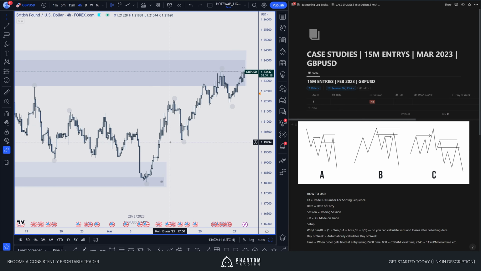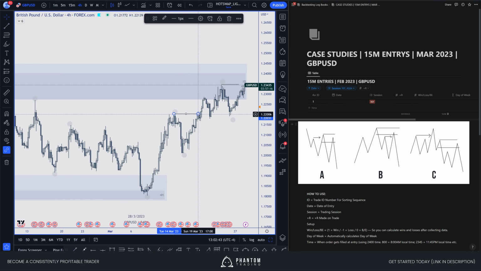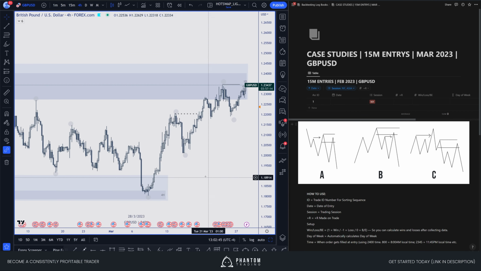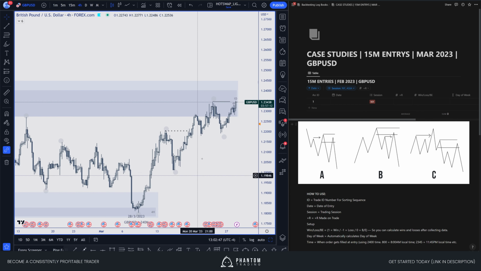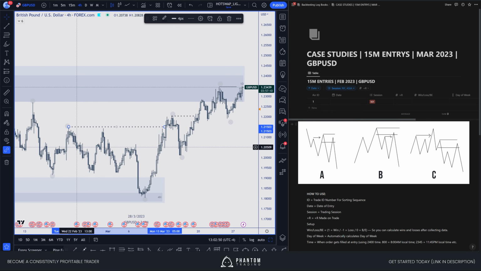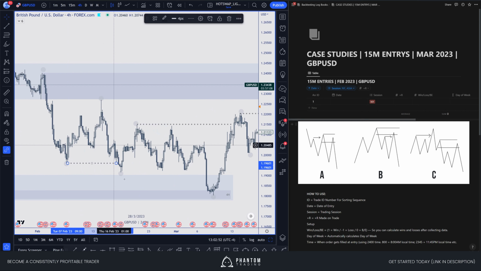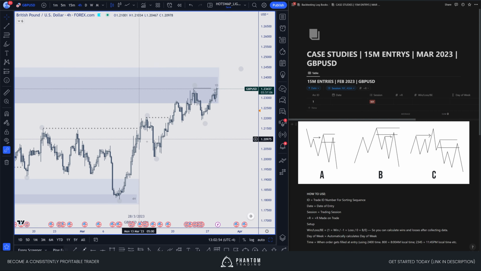Okay, but overall, what's the point that I'm trying to make here? We're bullish, right? So 4 hour BOS. This is our previous 4 hour BOS, and prior to that we had this BOS down. So BOS down, we BOS up, and then BOS up again, and now we're pulling back, and we'll see if we continue to push higher.